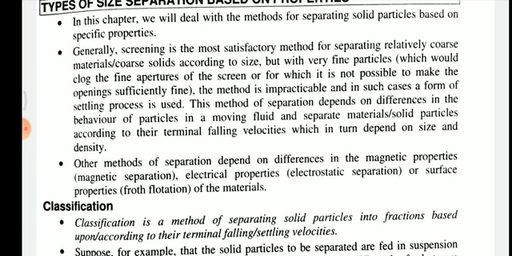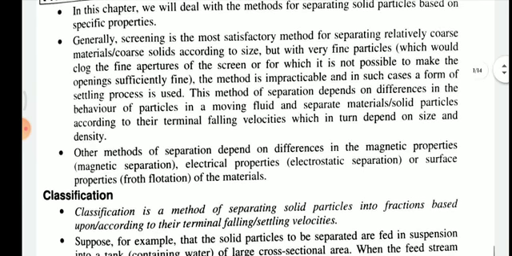Exactly what happens here is that we are trying to separate particles where the fluid is in a moving position. The method separates particles in a moving fluid based on their velocity, which depends upon size.